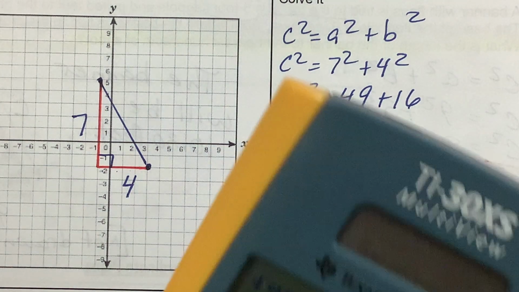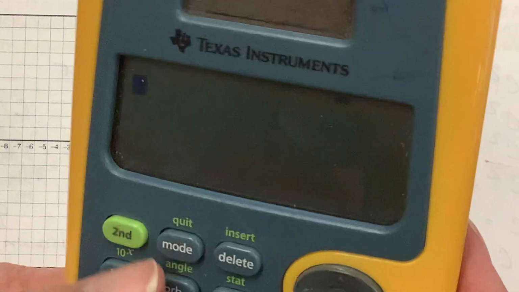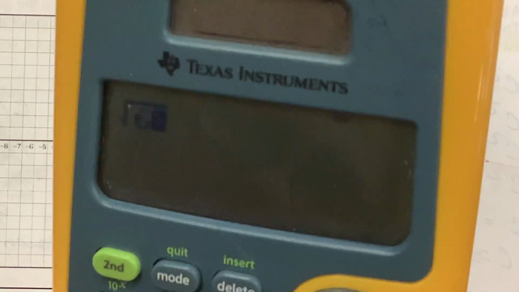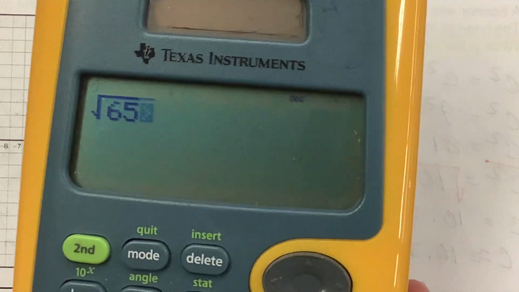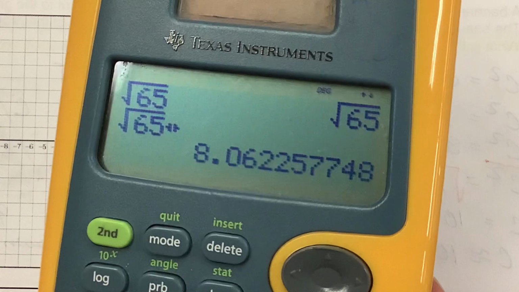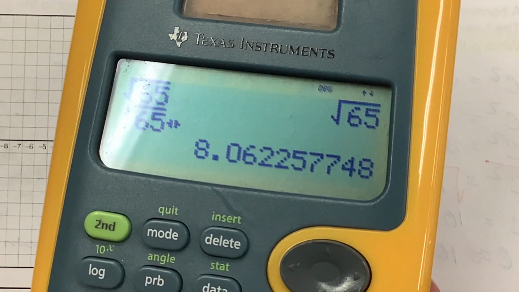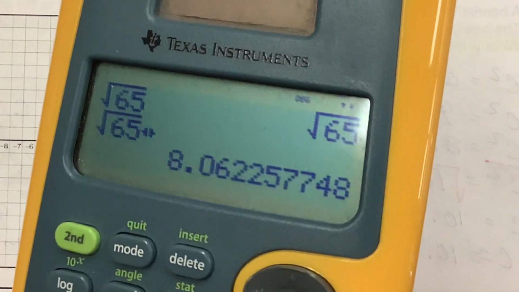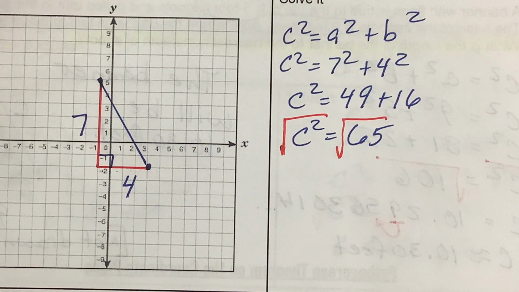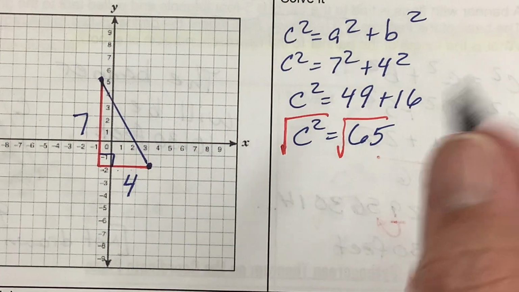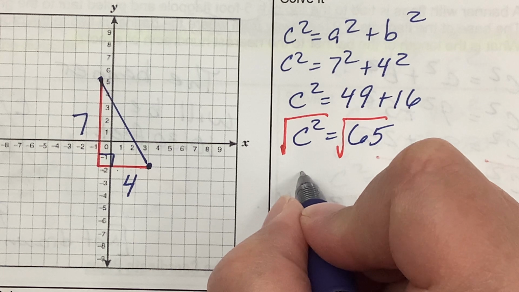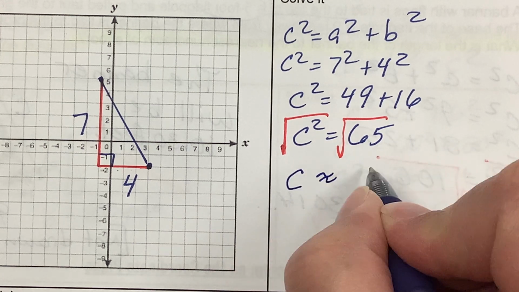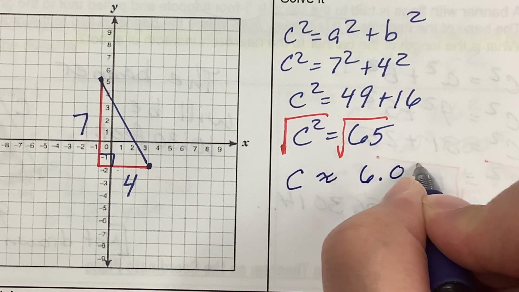Come here, you, my beloved calculator. Second x squared, 65. And I get 8.0622577748. You know that it's actually more than that because it's irrational. It never ends. So C is approximately 6.06.